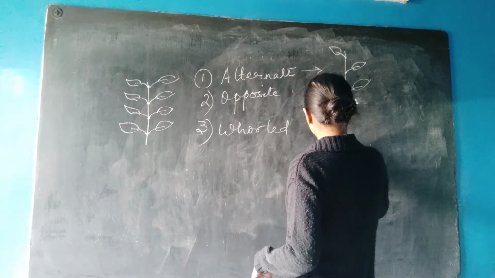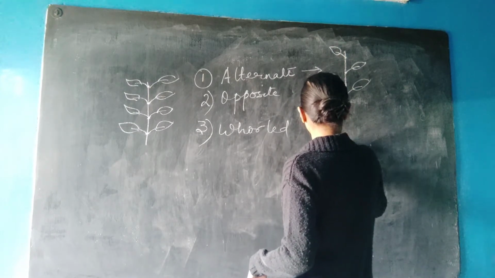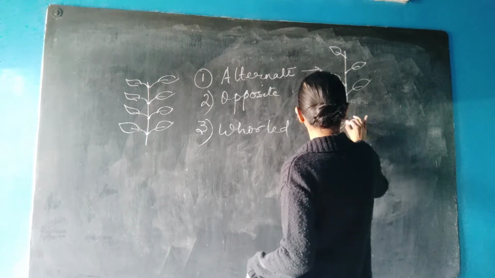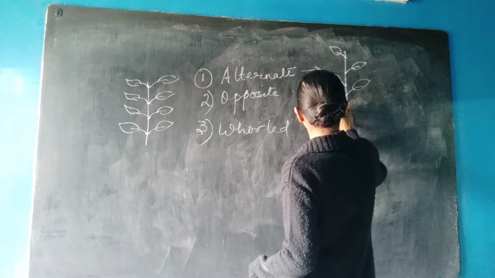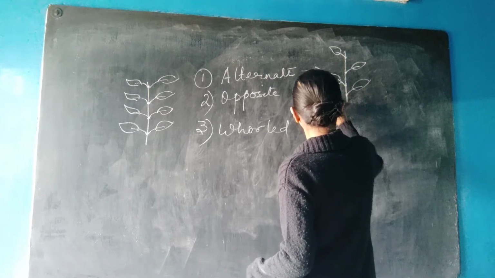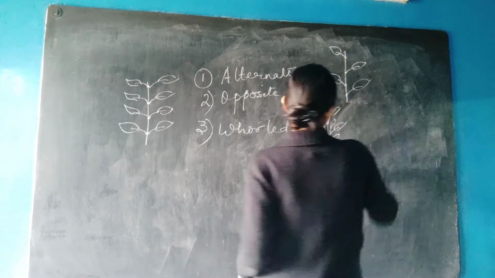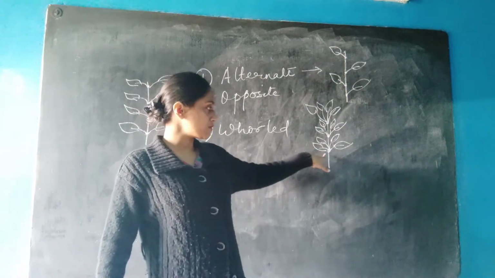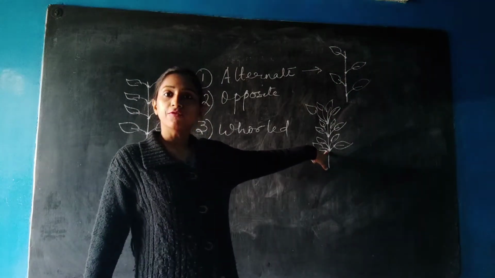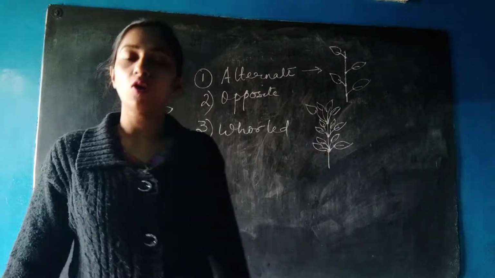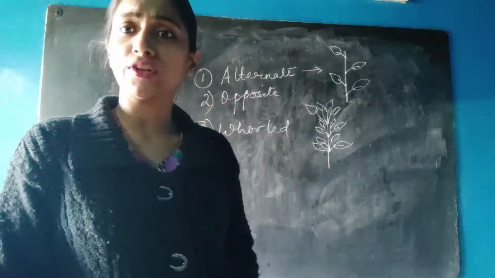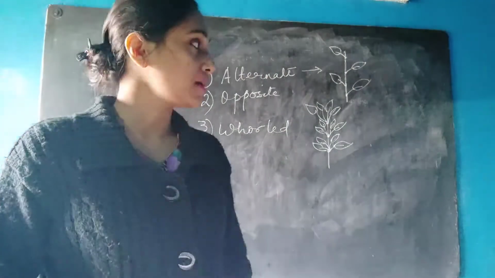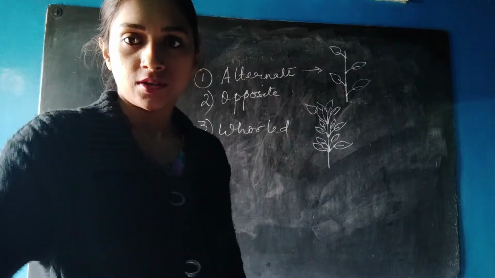That means like this. From one node, 4 leaves are rising. So it is a whorl, a bunch of leaves will come. Examples are generally nerium, devil tree.